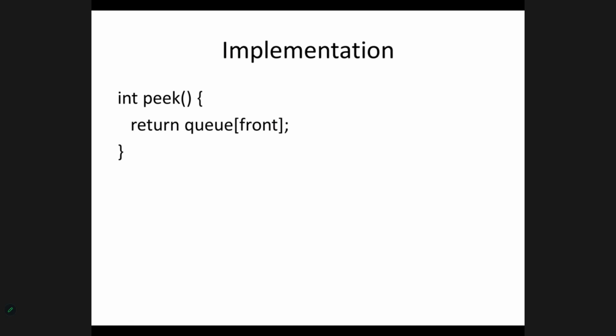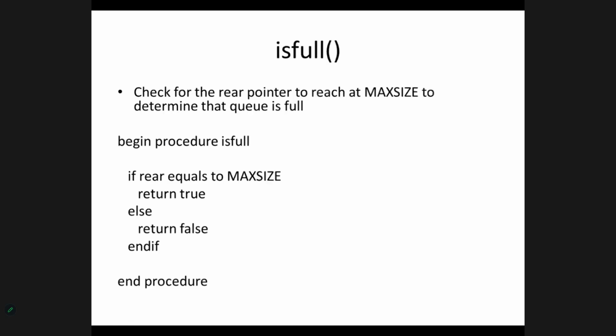That is the implementation using C. Okay, the next one is full. As I said earlier, is full is to check for the rear pointer to reach the maximum size.